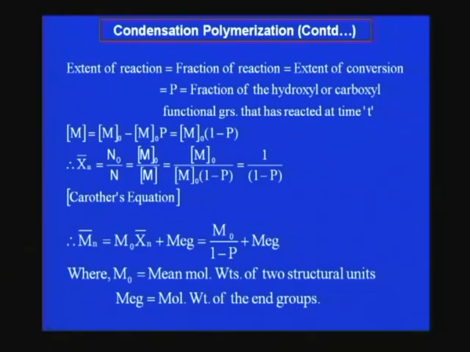Sir, what is the parameter which decides the different chain lengths in polymer molecules? That is a very good question. He is asking which parameters are responsible for leading to molecules of different sizes.